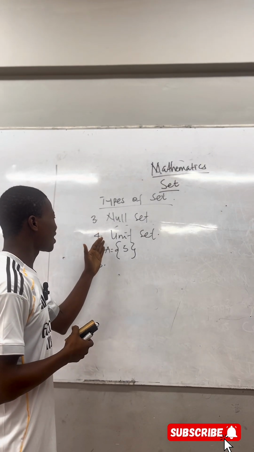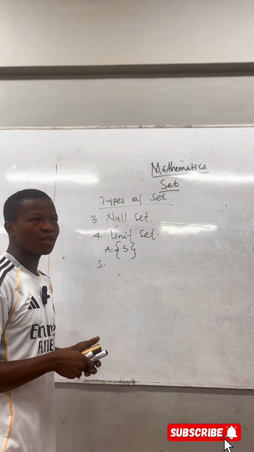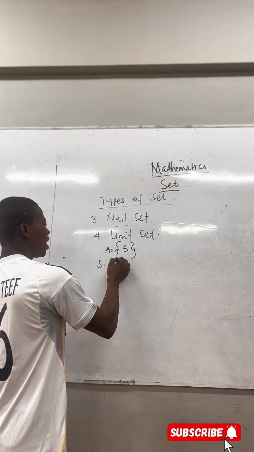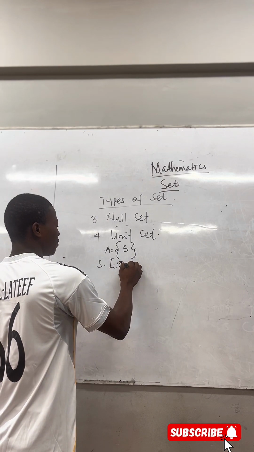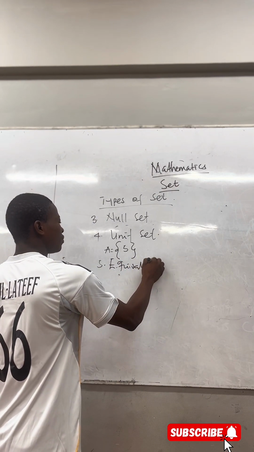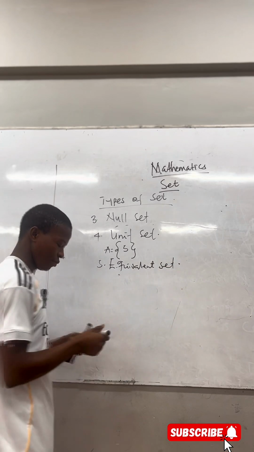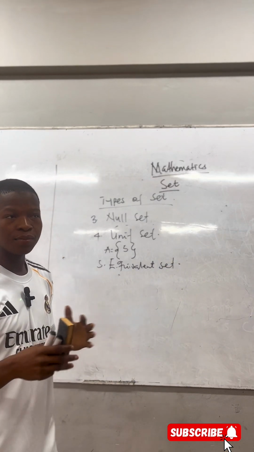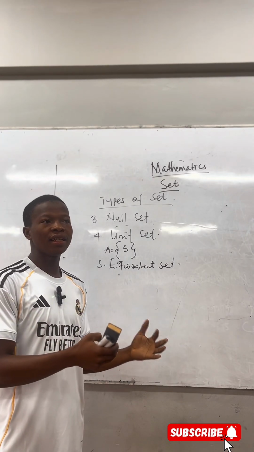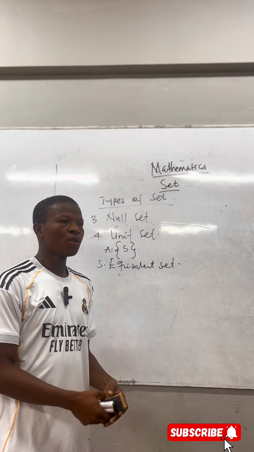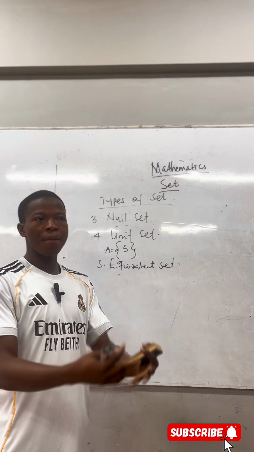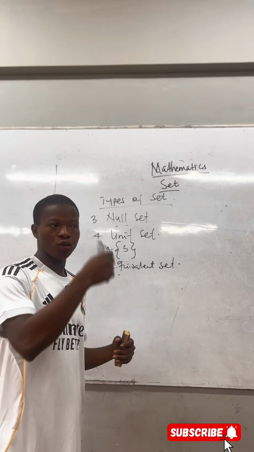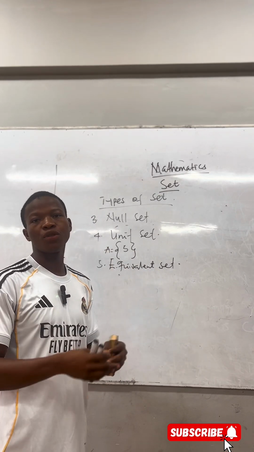So let's proceed with our various types of sets. These are some of the sets that we are having. Now let's mention another one. We have the equivalent set. An equivalent set is a type of set based on comparison of set A and set B. The number of members in set A and in set B, the total count or the cardinality, should be equal.